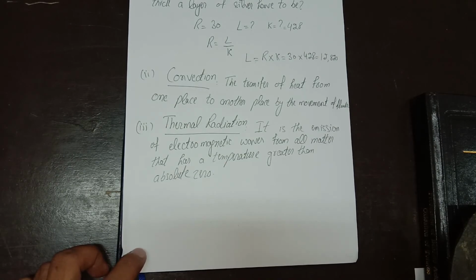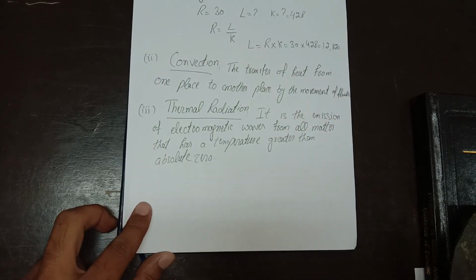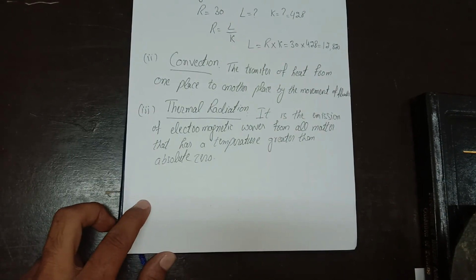This is because of absorbance of thermal radiations. No material medium is required for the transfer of thermal radiation. Let's say the thermal radiations from the sun reach the earth without any medium, they can travel through vacuum.